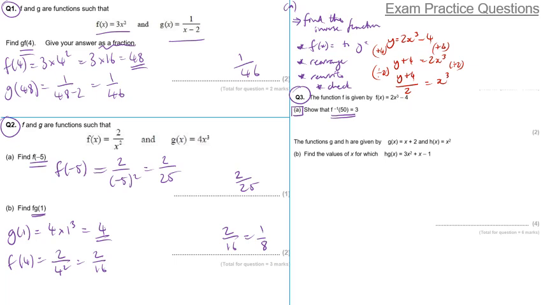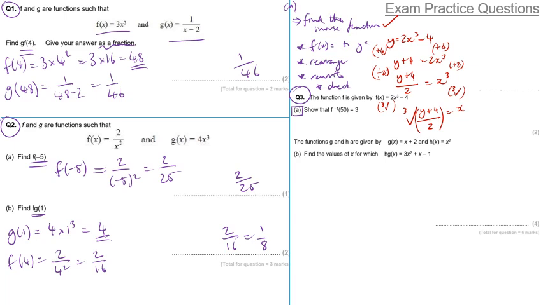And then to get x, we need to find the cube root of both sides. I need to be careful and show that all of this we're finding the cube root of, so I'll do that with brackets. So we've found the inverse function.